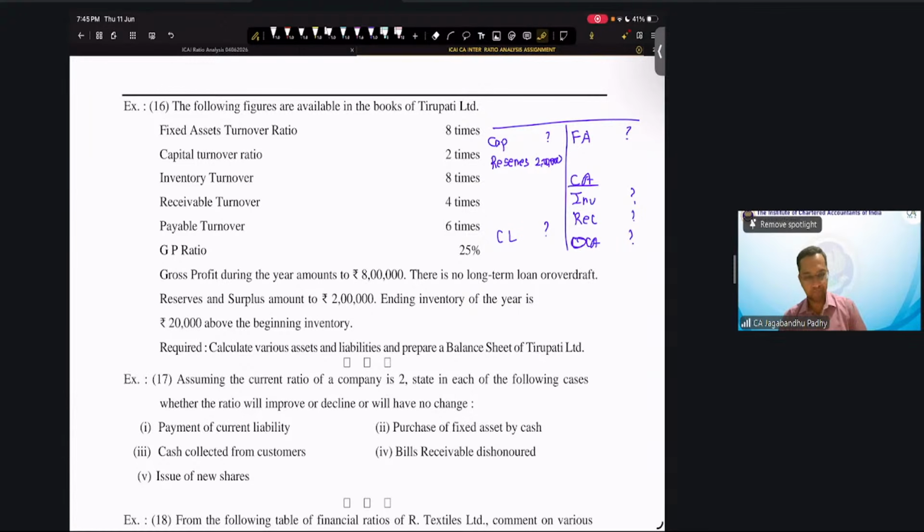Yes, Anchal. Sir, when will you upload notes of the first chapter and last chapter of ratios? It's already done on the portal. Check the portal. Is it not there yet?